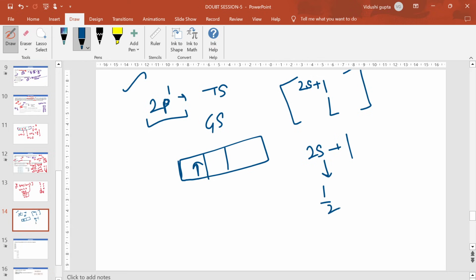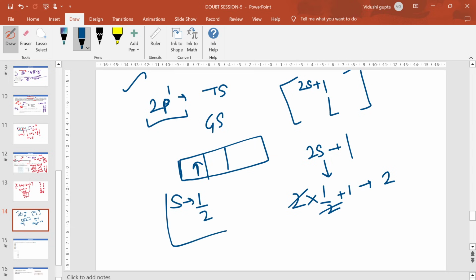So substitute this value: 2 into half plus 1, so it will be 2.